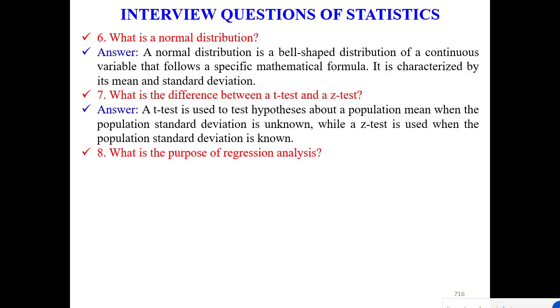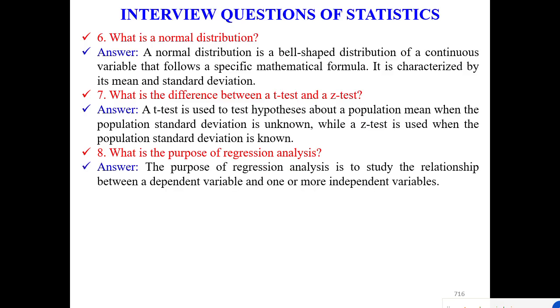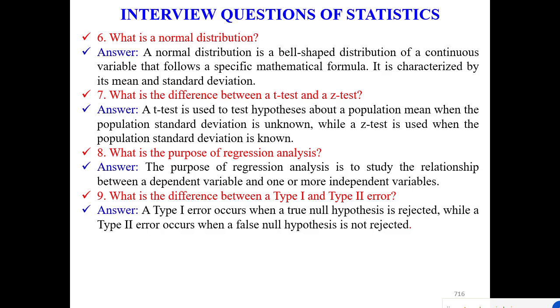Then what is the purpose of regression analysis? Just now we have completed. The purpose of regression analysis is to study the relationship between dependent variable and one or more independent variables. Then what is the difference between type 1 and type 2 errors? Type 1 error occurs when a true null hypothesis is rejected, while a type 2 error occurs when a false null hypothesis is not rejected.